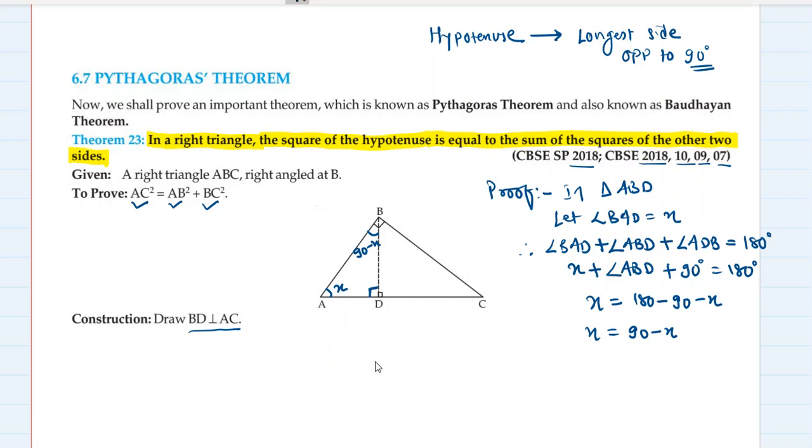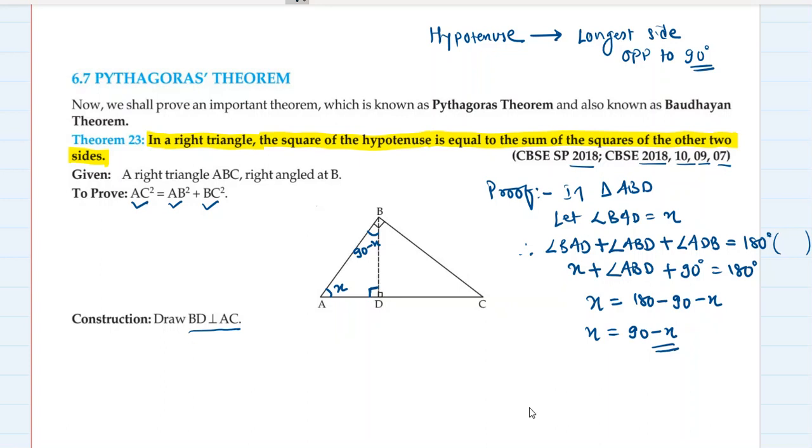I did not start directly with similarity. First, I took one of the smaller triangles and considered one of its angles as x and found the other angle, that is angle ABD, by angle sum property. Here you have to mention angle sum property, and I found angle ABD to be 90 minus x because I knew angle ADB to be 90.